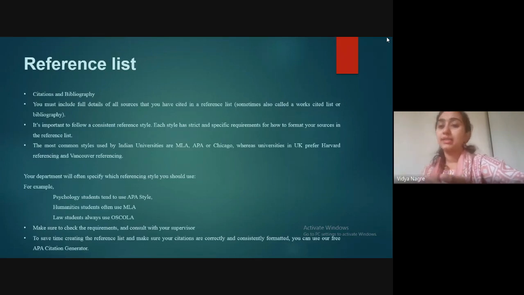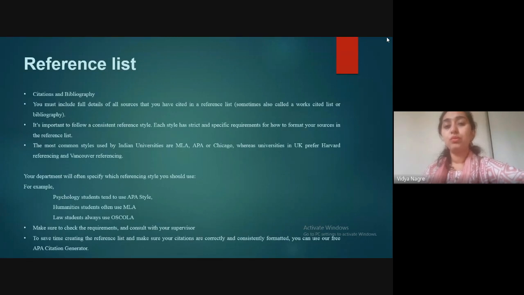Referencing has a particular style. You have to study style sheets: MLA, APA, Chicago. These are style sheets which we refer to, and they are discipline specific. For example, in psychology they use the American style sheet, that is APA. Humanities use MLA. In law, students use OSCOLA.